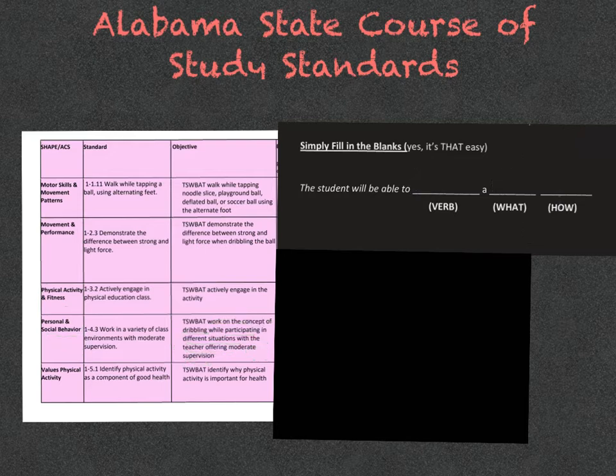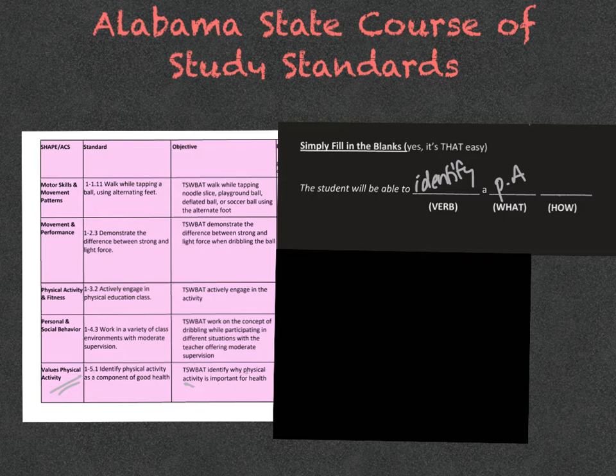And finally, we're going to write the objective for Anchor Standard 5, value physical activity and health. The verb is identify, and you'll remember that directly from Bloom's taxonomy that we talked about. He's going to be able to identify what? Physical activity. And how is he going to be able to do it?